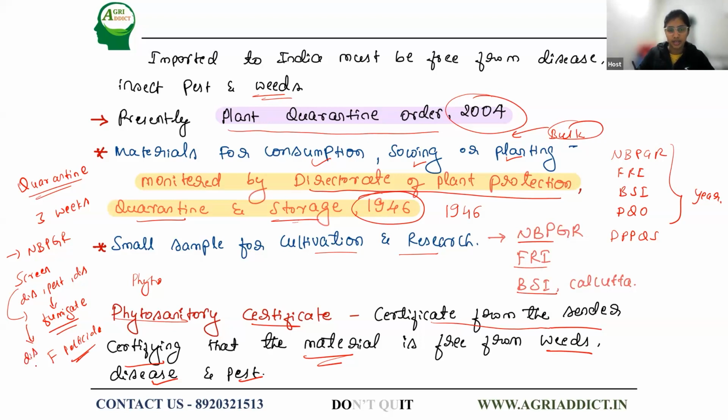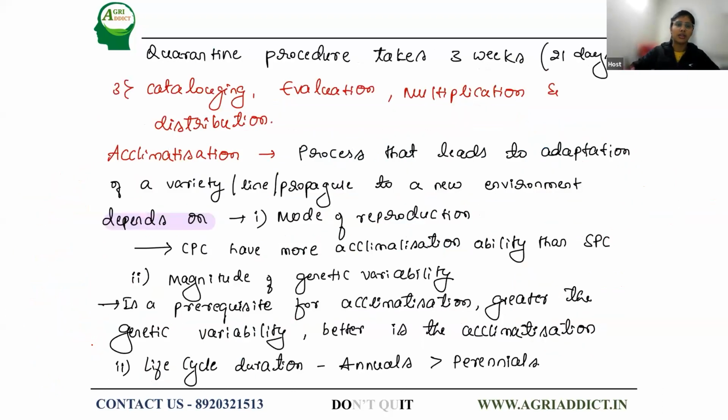If not possible, then the material will be destroyed at the bureau itself. So that is what the quarantine does. Next we have the cataloging of the imported material and their evaluation and then multiplication and distribution. This is after we receive from the NBPGR.